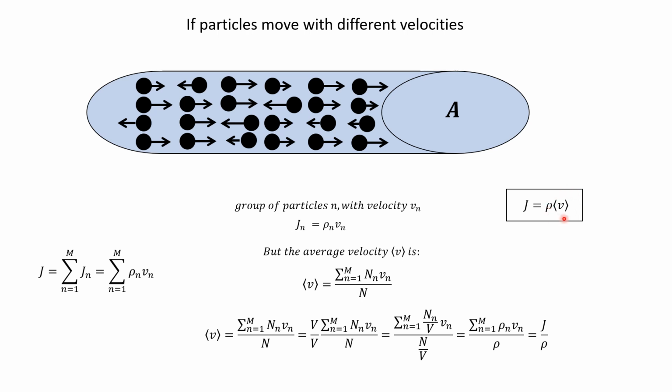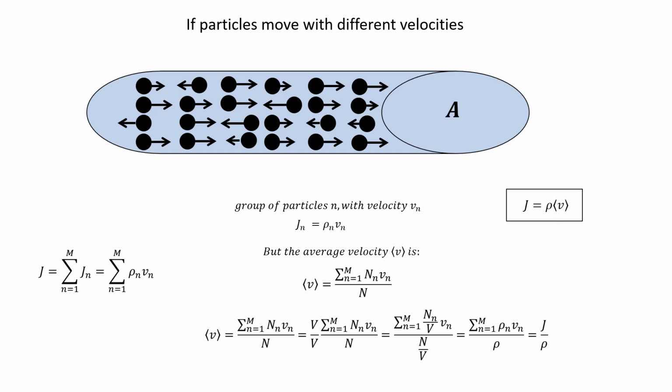So if we have a preferential velocity, we have an average velocity different than zero. So when this average is not zero, we have a drift current. And remember, this is a logical expression. There's no physics here. Physics comes in when we relate this term, the average velocity, with the force.